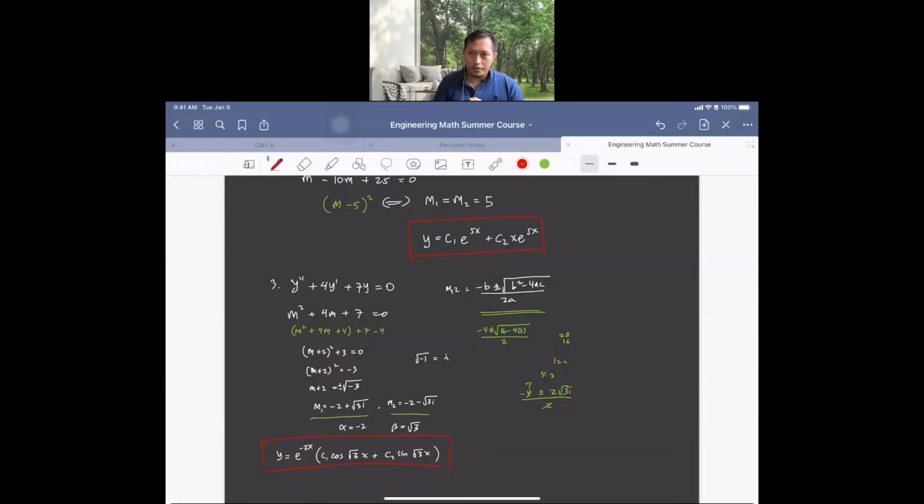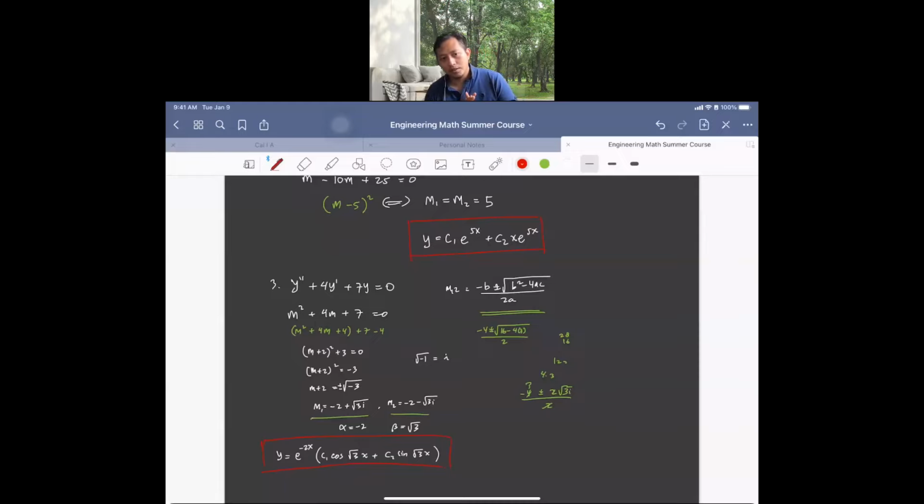So in the higher order, we have the theory, the introduction, the superposition, all of those things, the method of reduction of order. In the homogeneous linear constant coefficient case, we can use the auxiliary equation.